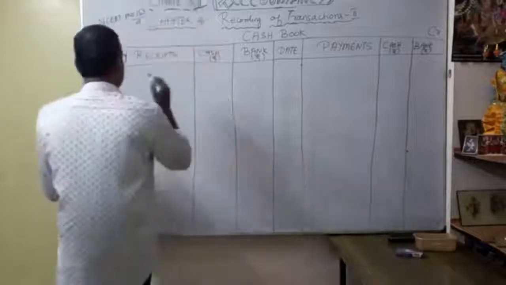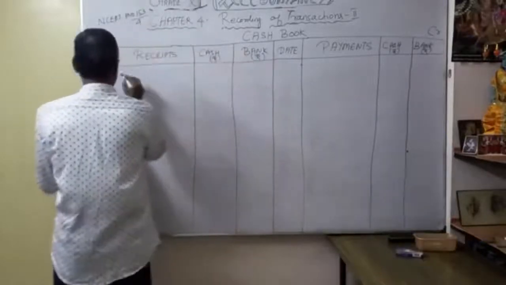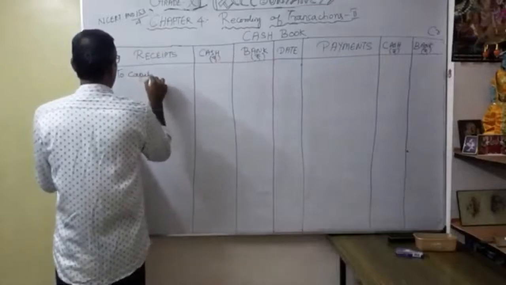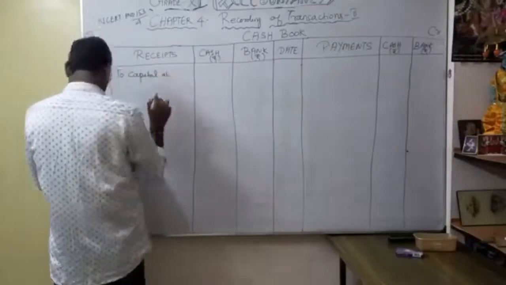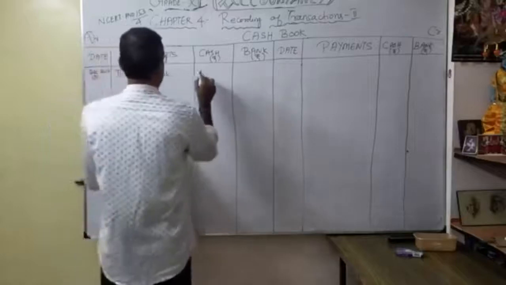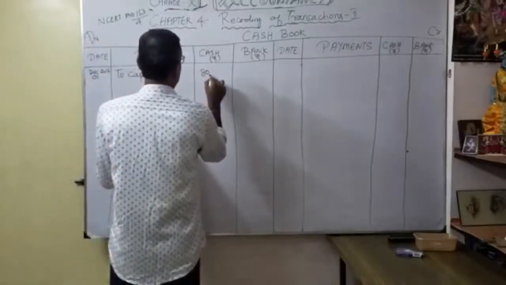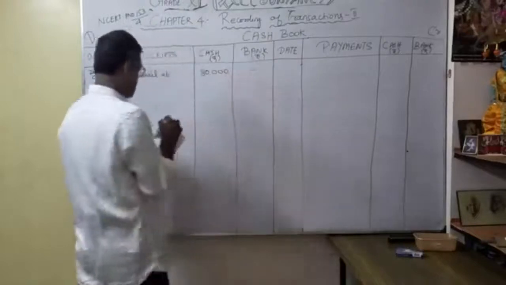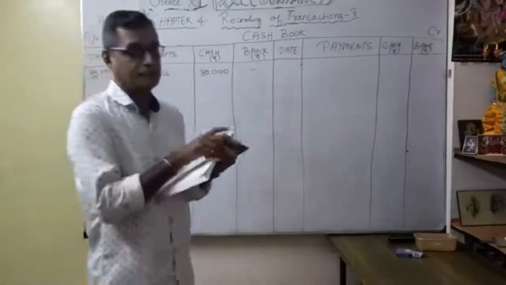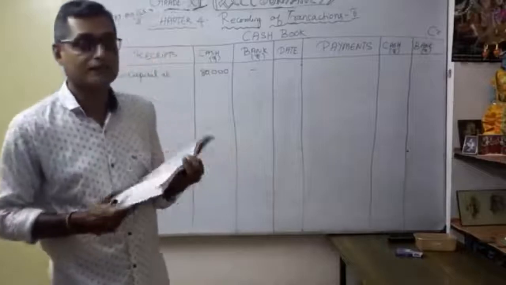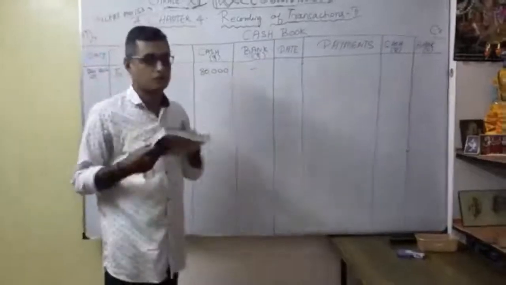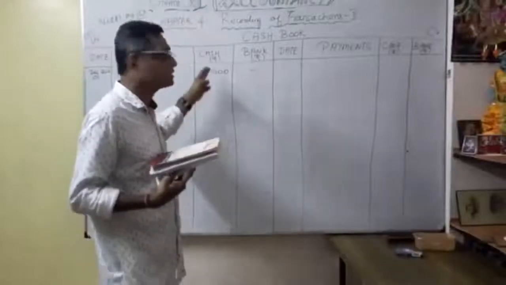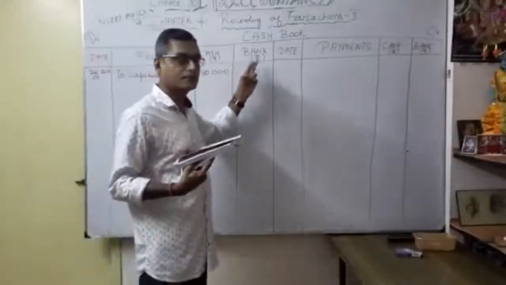We write here cash account debit to capital account, how much? 80,000, in the cash column. You should be careful and write 80,000 in the cash column. Here put a dash. Now you understood how to record the transaction in a double column cash book. You should be very careful about which column we write in: always cash dealings in the cash column, bank dealings in the bank column.